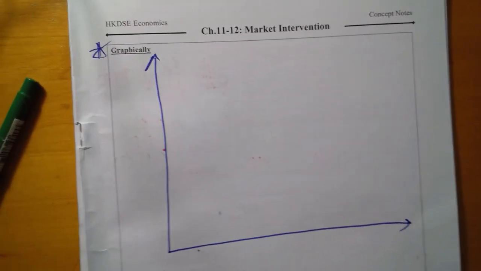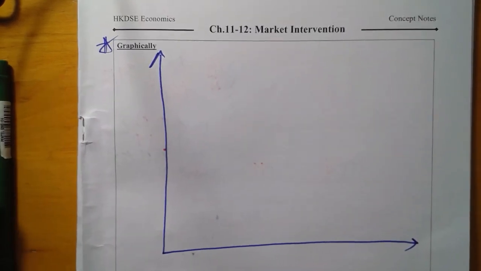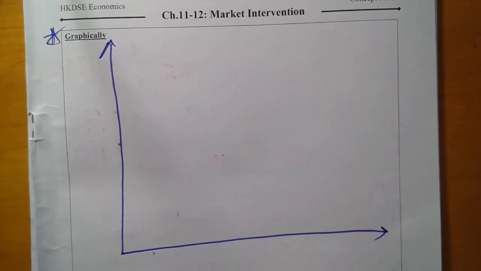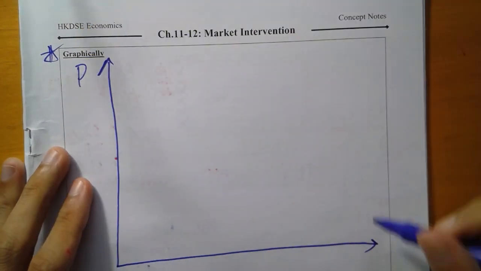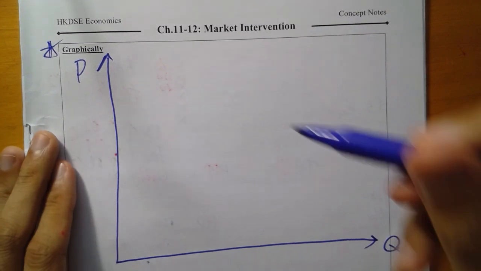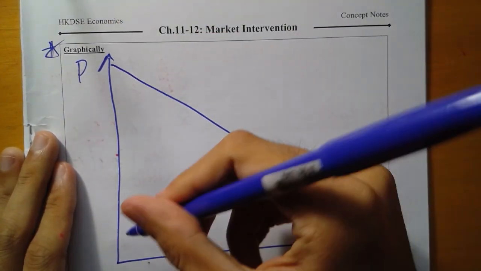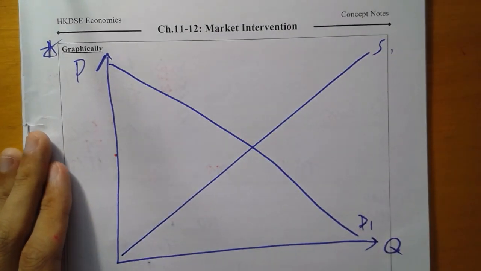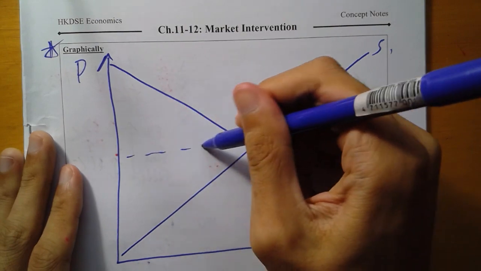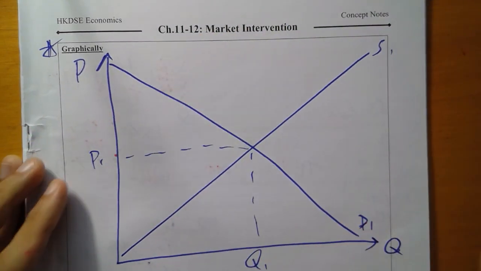Okay, this will be our standard demand supply diagram. Now as usual, do the old thing that we have been doing. Demand 1, this is supply 1. Mark the following: P1, Q1.